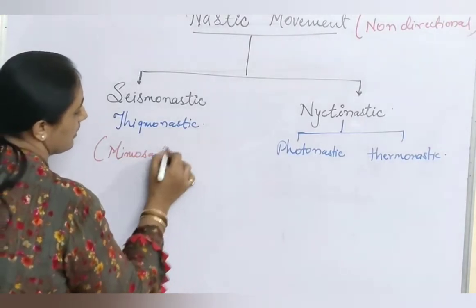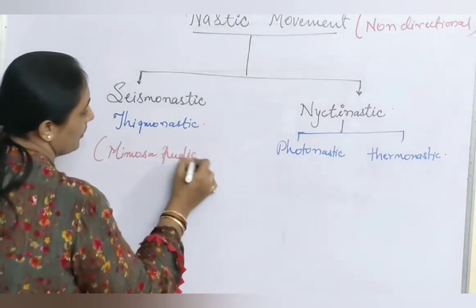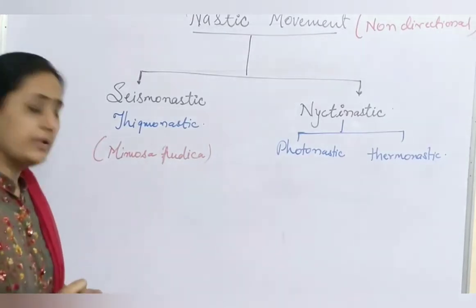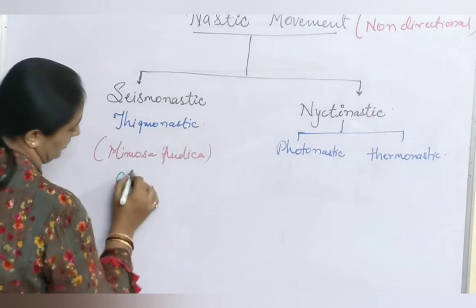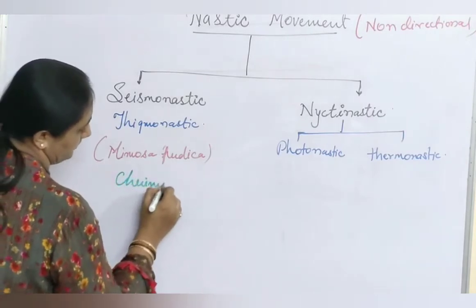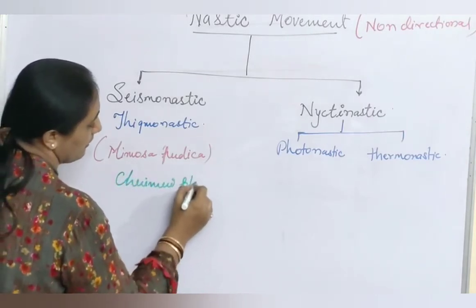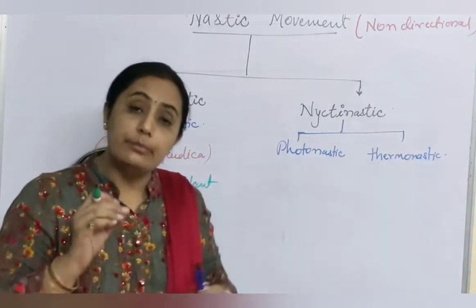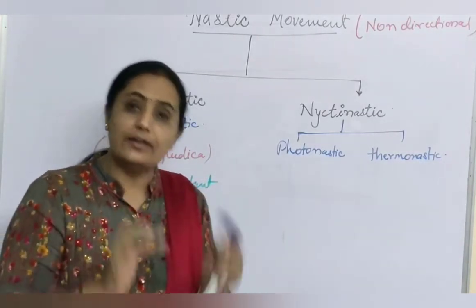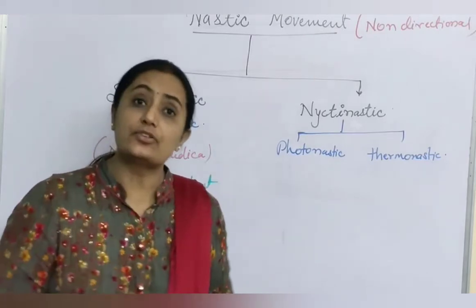Mimosa pudica. Commonly we call it chui mui. As soon as we touch this plant, immediately the whole plant shows a response, not only in the direction of the touch.